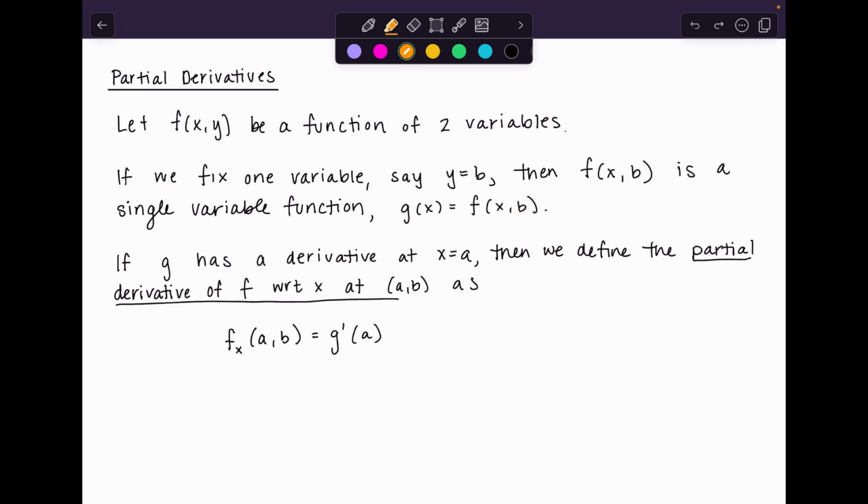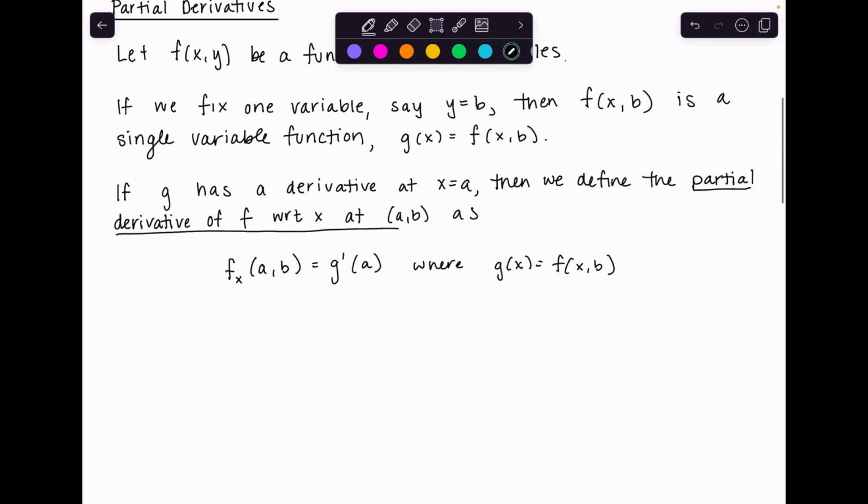So you differentiate this as you normally would, where g of x is again a single variable function. But again, realistically, we don't want to just do this for every specific point. We want to come up with a function that represents a partial derivative. And all you're going to do in that case is treat y like a constant and then apply that derivative to anything dealing with x.